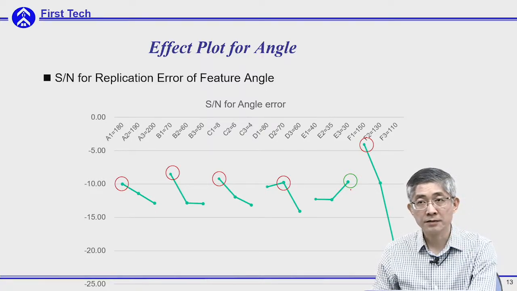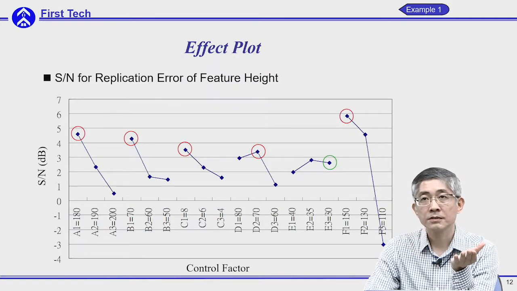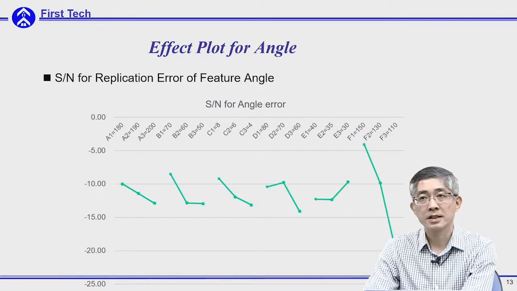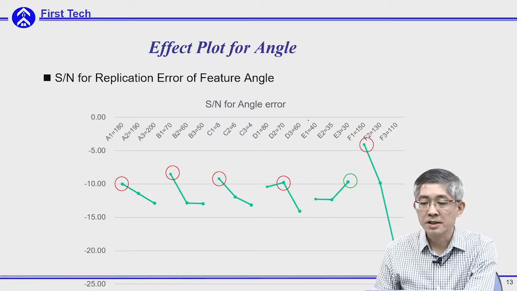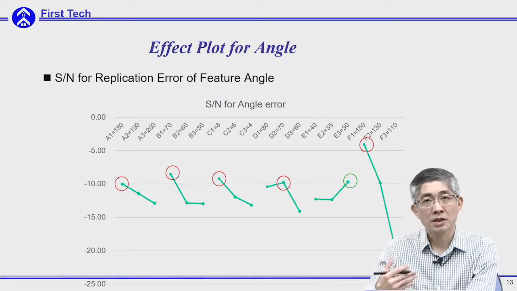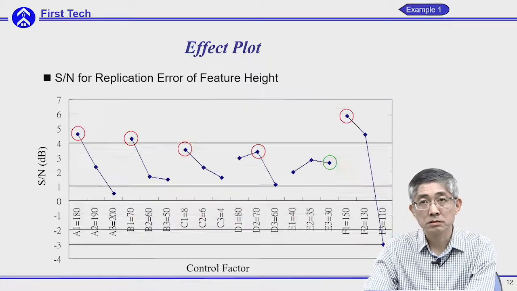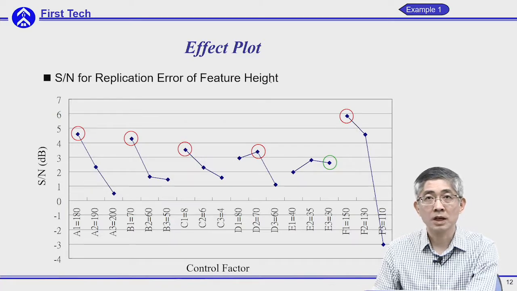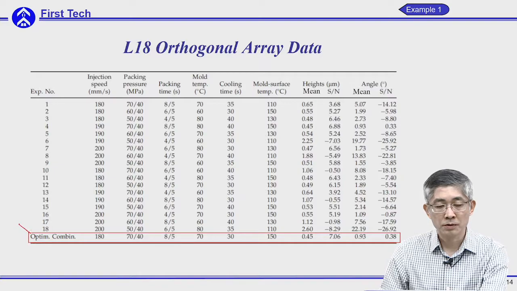E3 is significantly higher than E2. So by balancing the feature height and the feature angle, it turns out that selecting E3 might be a wiser choice, since if you select E3, you can improve the SN ratio of feature angle without decreasing the SN ratio of feature height. So the optimum design is listed in the paper over here.